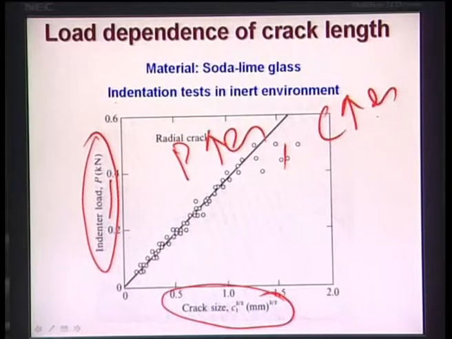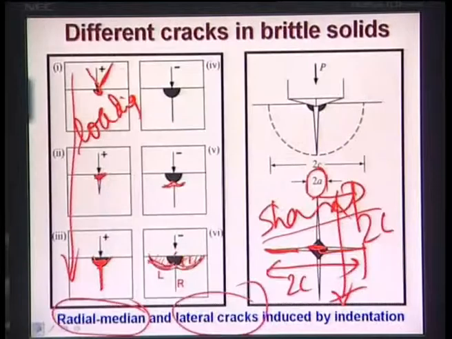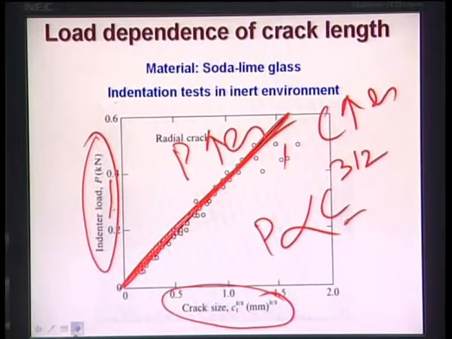Now if P increases, C increases, and again if you plot P versus C to the power 3 by 2, then again you are going to get a straight line. That means P is proportional to C to the power 3 by 2. And what is the C value? If you go back to this length, this is your C value, because this is your total 2C, so half of it is this one. So you measure the crack length and the indent load, and systematically vary that, and if you plot it, you get P proportional to C to the power 3 by 2.